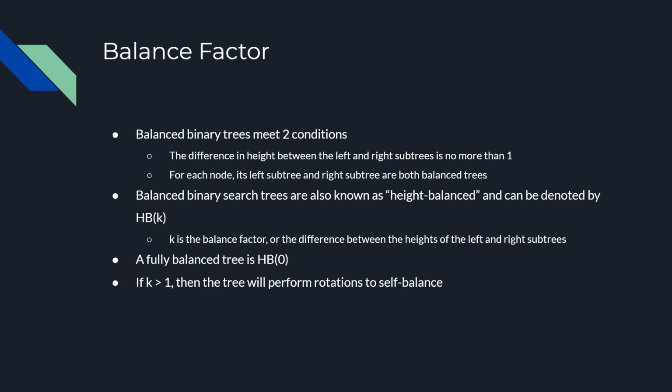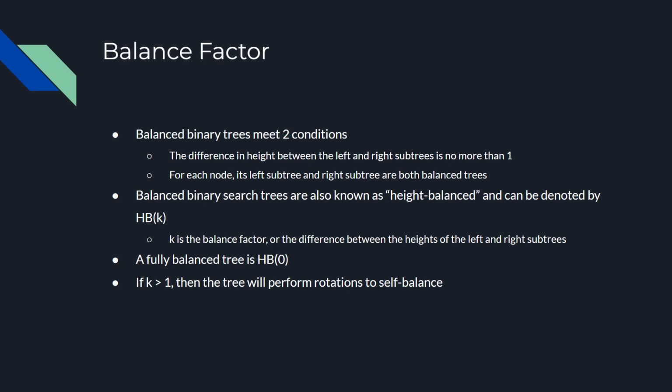Balanced binary search trees are also known as height balanced, and we use this notation HB of k, where k is just a balance factor. A fully balanced tree is HB0, however, that's often quite rare. As long as it's within 1 or fewer, the tree is considered balanced. However, if the balance factor k is greater than 1, then the tree will perform rotations to self-balance.